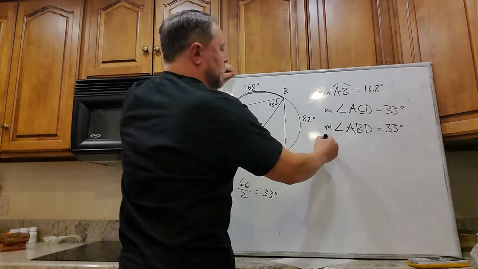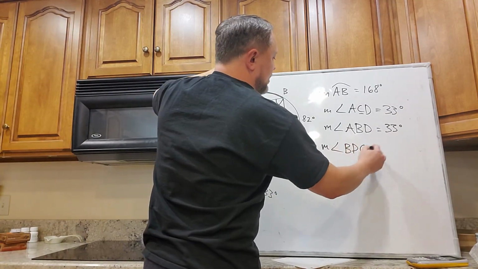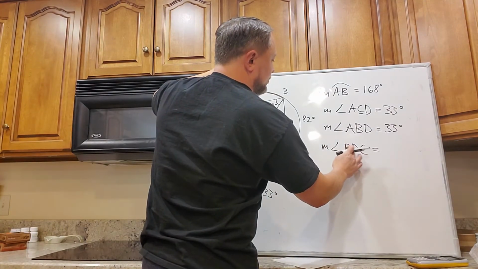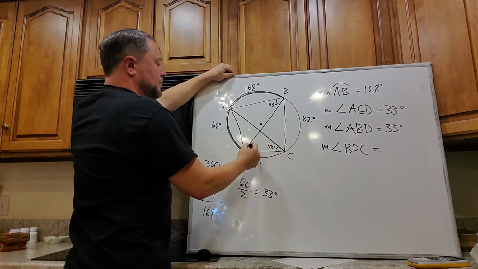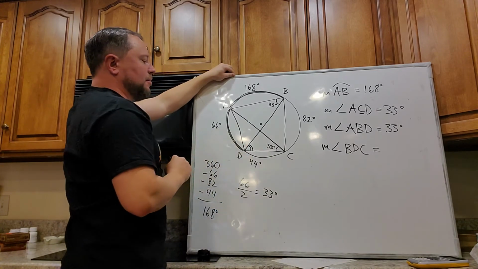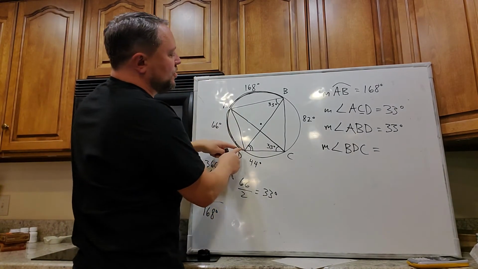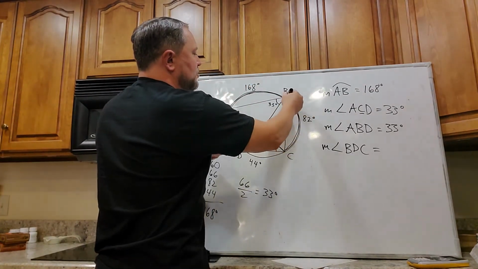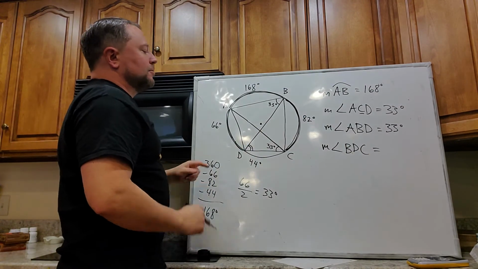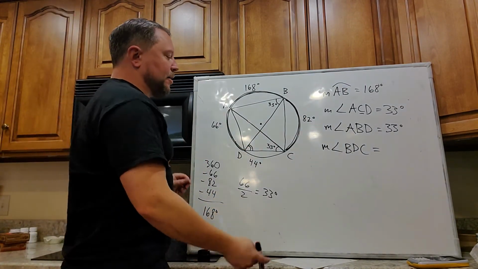Okay, what about the measure of angle BDC? BDC is this angle right there. It's an inscribed angle with its vertex on the circle. I follow it out. I see it hits the arc that is 82 degrees right there. So that means it's not 82, but exactly half, right?